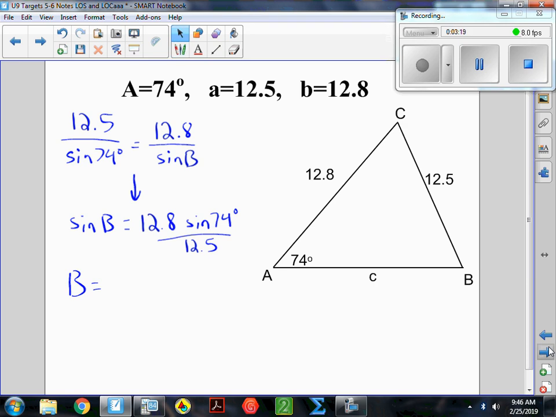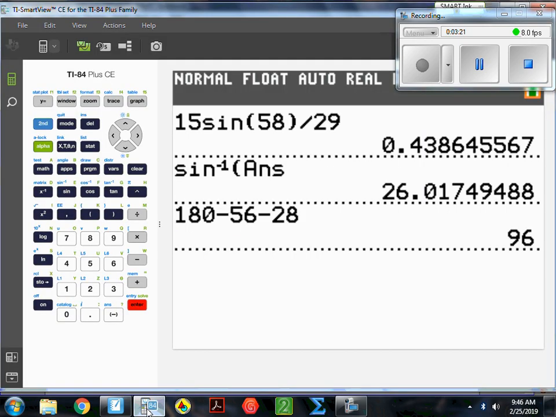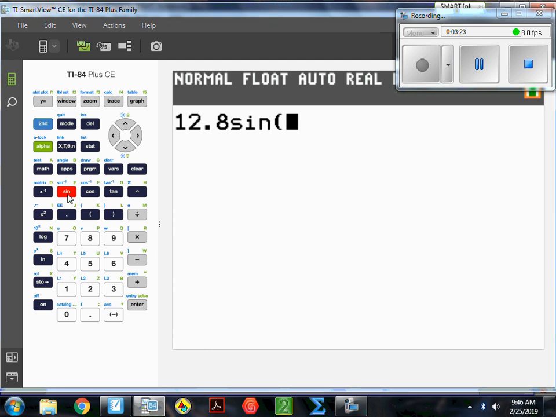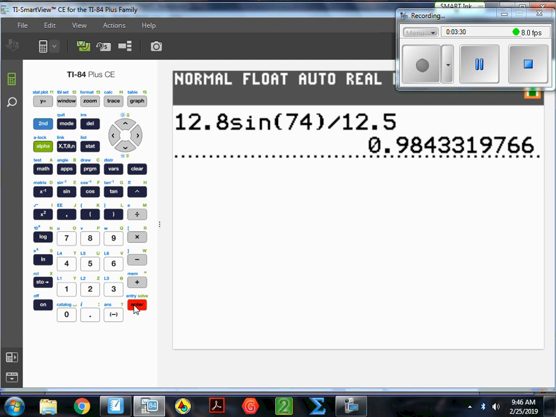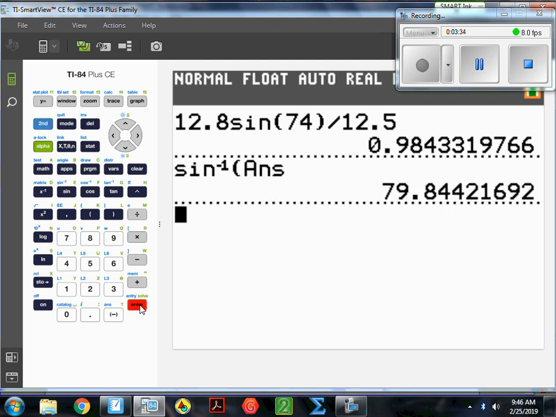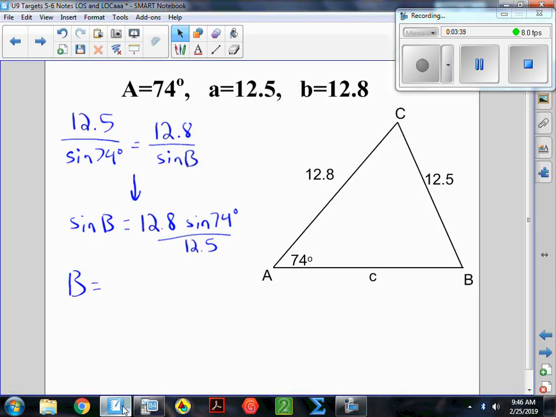And then I'm going to use my calculator and just do the rest of that. So 12.8 sine 74 divided by 12.5 gives me 0.98. I'm going to take the inverse sine of that answer. And so B is equal to 79.8 degrees if we round to the nearest tenth.